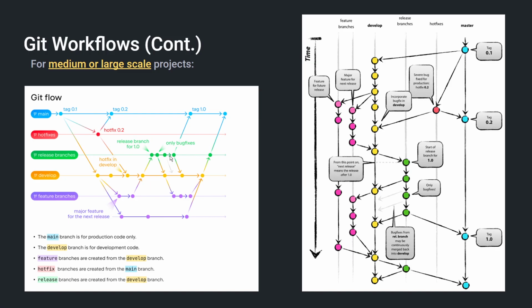And pretty much what that entails is you branch off from the main branch, fix the bug, and then it'd be merged back into the main branch, but also merged to the development branch so that people have up-to-date code from that hotfix as well. And then the release branches are created from the development branch for releases. And then on the right here, this is pretty sure it's the exact same diagram, just vertical instead.